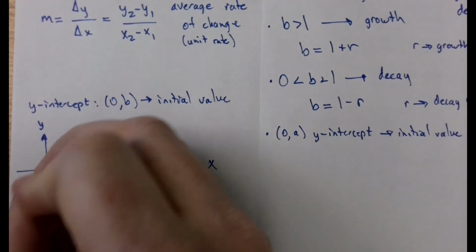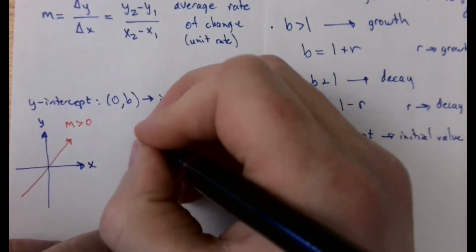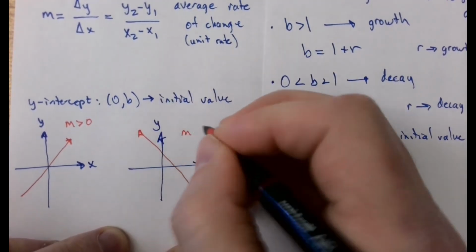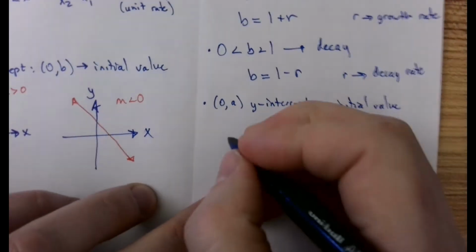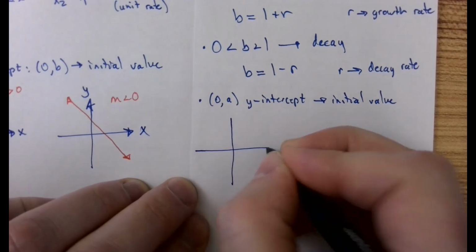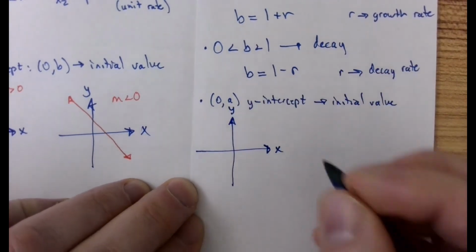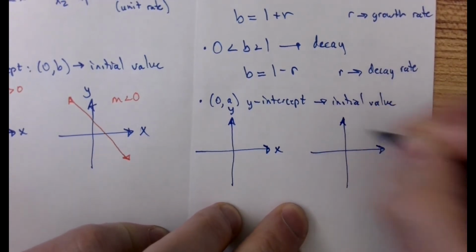It would look something like this, for m greater than 0, or a negative slope, which could look something like this. Anywhere on the x-axis, it could have any y-intercept. For exponential, there are 2 basic ones that we're concerned with, both of them with positive a values. When a is negative, we get different looking things.